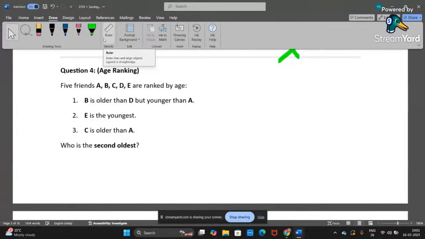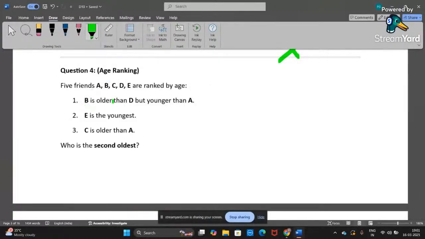Try to solve this age ranking. Five friends A, B, C, D, E are ranked by age.